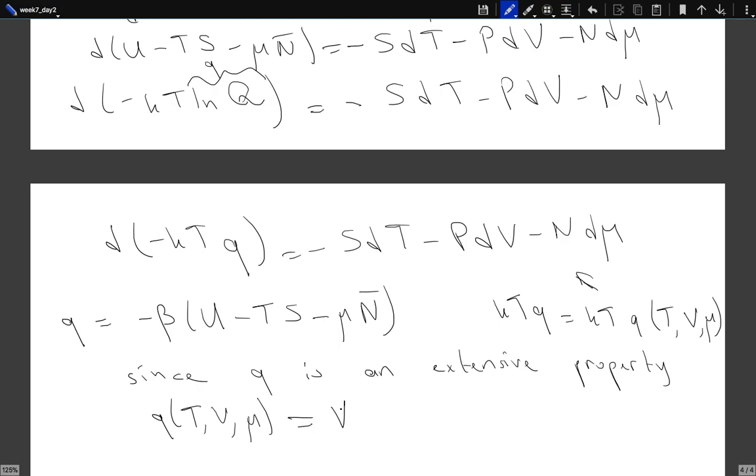So it has to be proportional to V, with a proportionality constant that depends on temperature and the chemical potential only. That proportionality constant cannot depend on V. Again, the reason is if you just multiply V by some constant, Q should be multiplied by exactly the same constant.